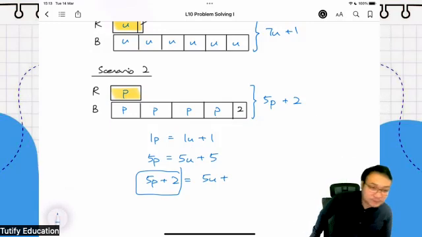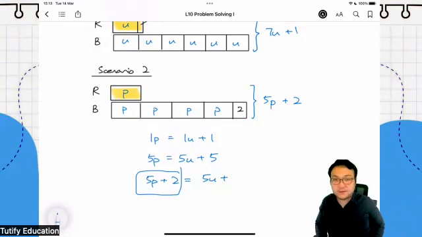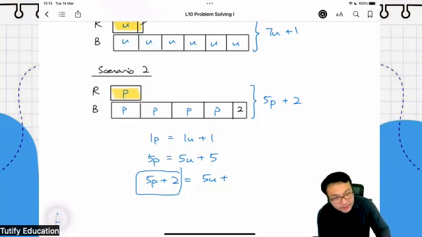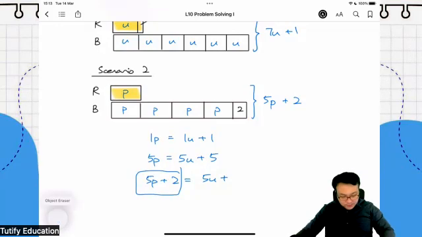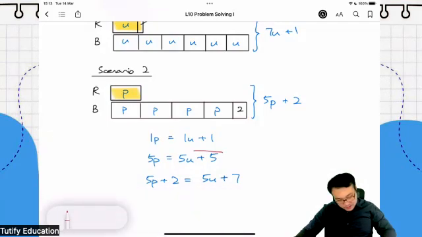It equals to 5 units plus what? 7. Yes, must be 7, correct. Because this is already 5 parts, and later you just plus 2. You plus 2 becomes 7, okay?